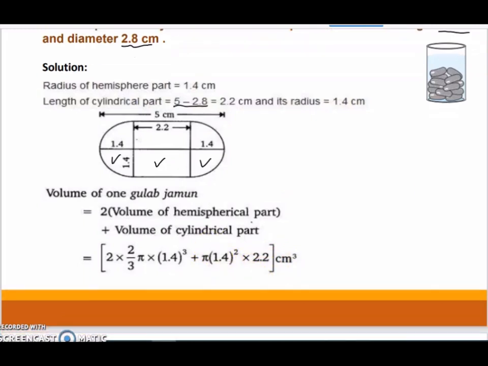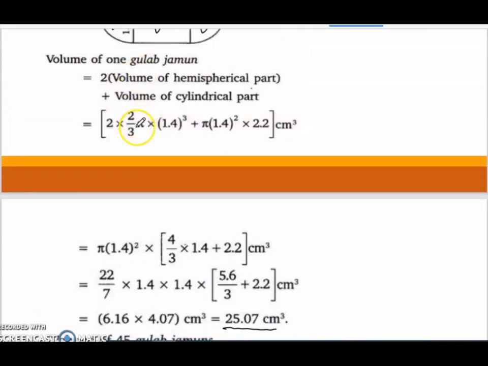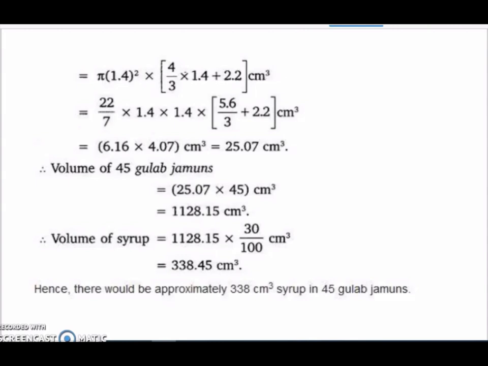Then you will be evaluating this. While evaluating, you can take pi into 1.4 square common, because this is a common term for both these expressions. So that has been taken common and the rest of the things have been evaluated. After evaluating, you will get the volume of one gulab jamun as 25.07 centimeter cube.